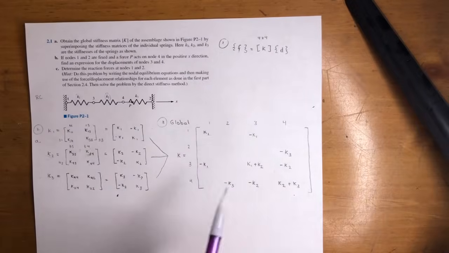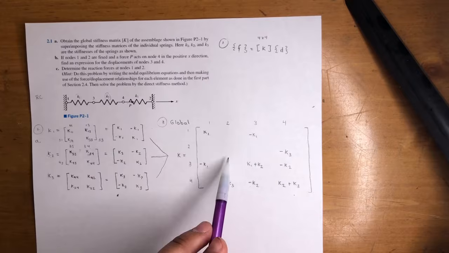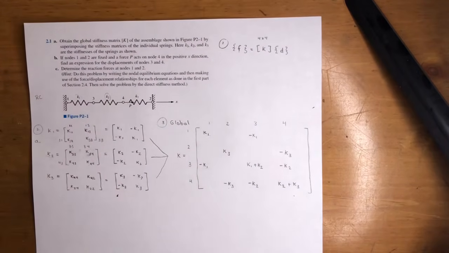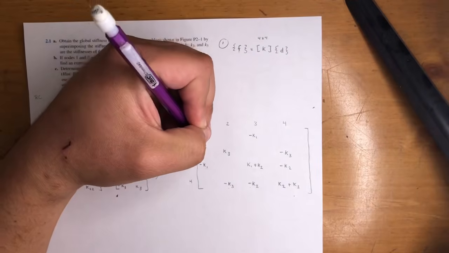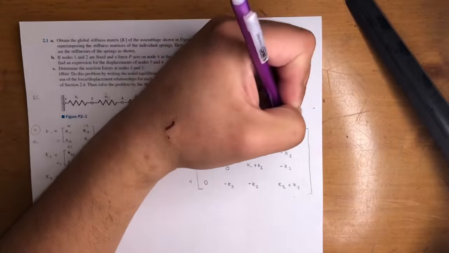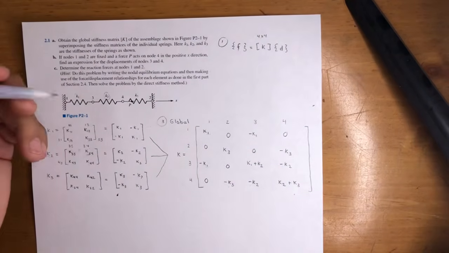And at K22, which is this spot right here, we have a positive K3. Cool. So that is your global stiffness matrix. Wherever you didn't have anything, just throw in a 0, 0, 0, 0, 0. And that's pretty much the answer to A. I would box it, but it's too big.